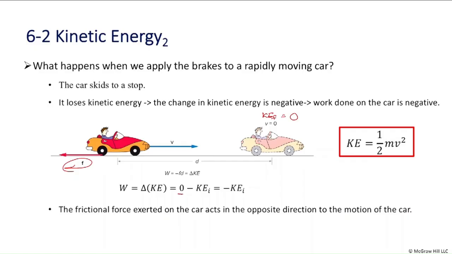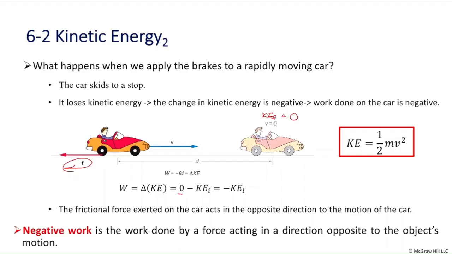So negative work means the force is removing energy from the system rather than increasing it. So that means negative work is the work done by a force acting in direction opposite to the object's motion, right? Now let's put these ideas on kinetic energy into practice with a simple calculation.